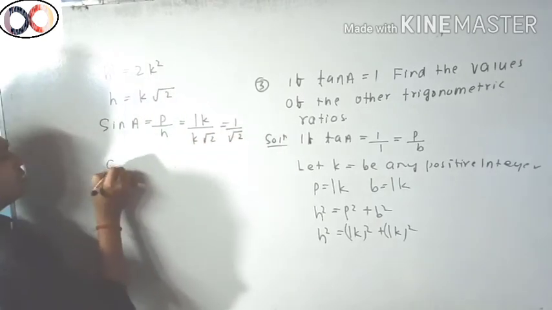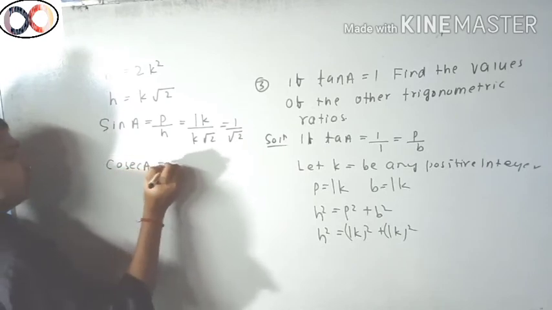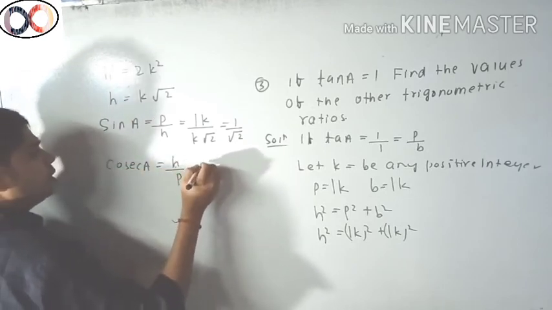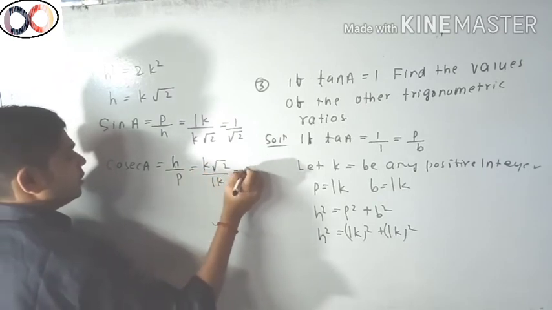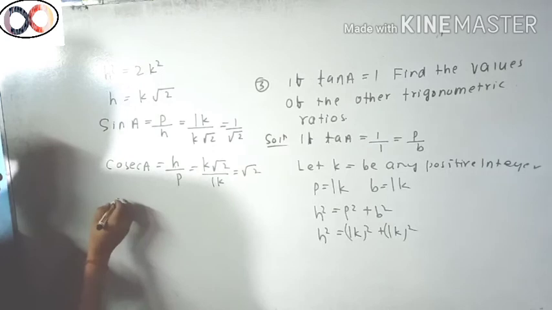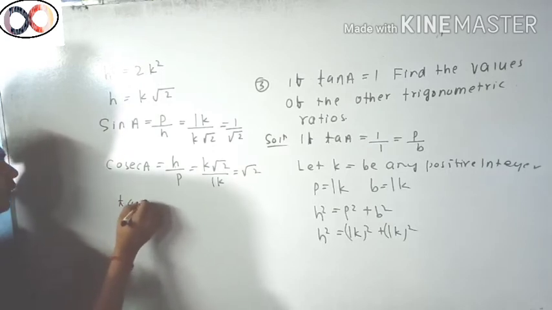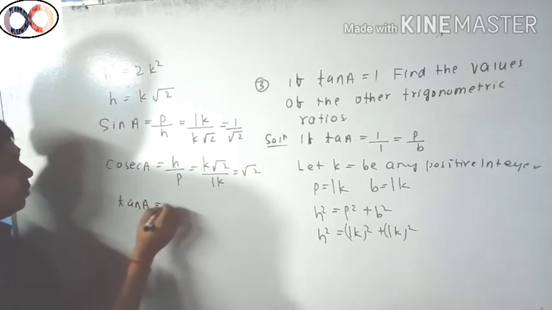Okay, cosec A equals H by P. So you will get k root 2 by 1k, that is root 2. Tan A is already given, 1 by 1.